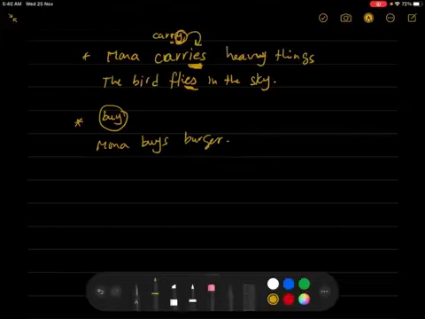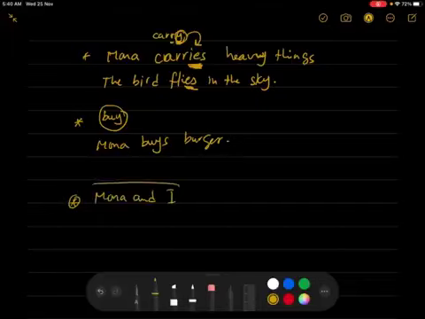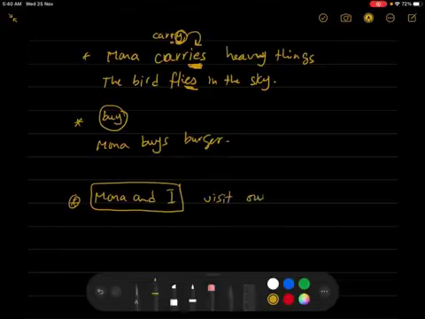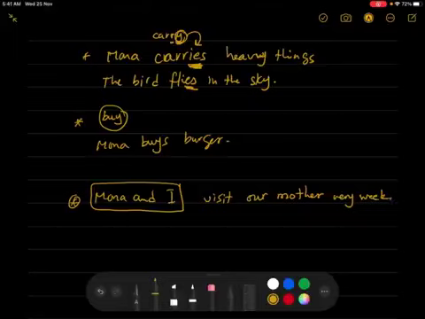And as you know, if the subject is plural, we keep the base form of the verb. We do not add anything. Like Mona and I, for example, we have here a plural subject. Mona and I visit our mother every week.